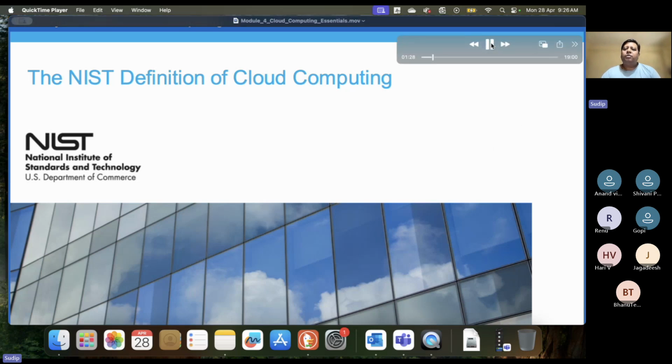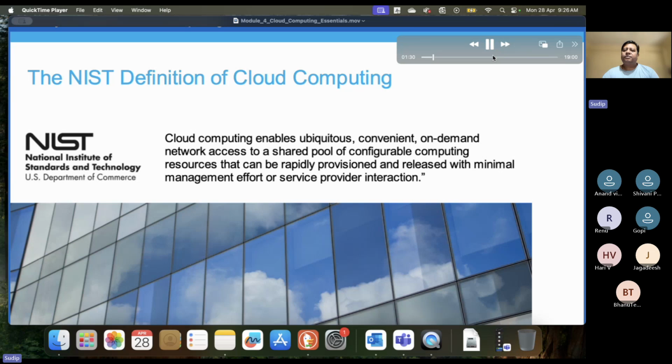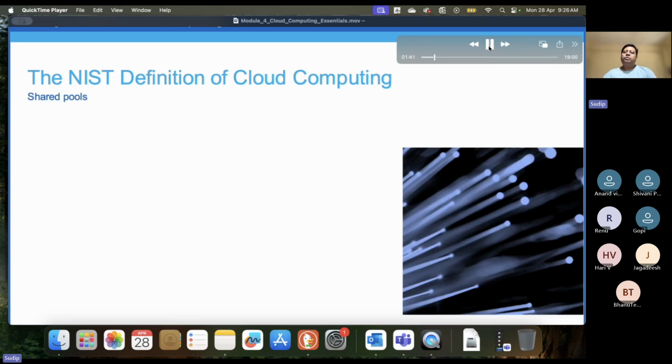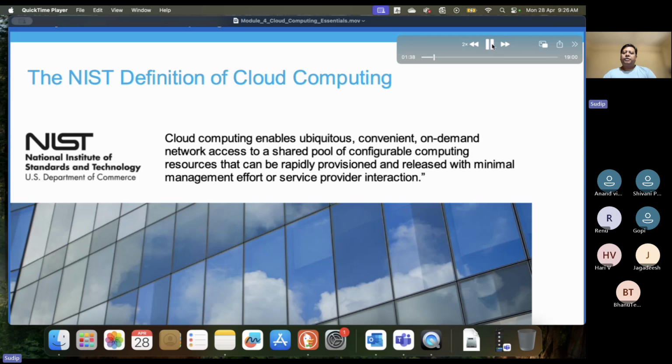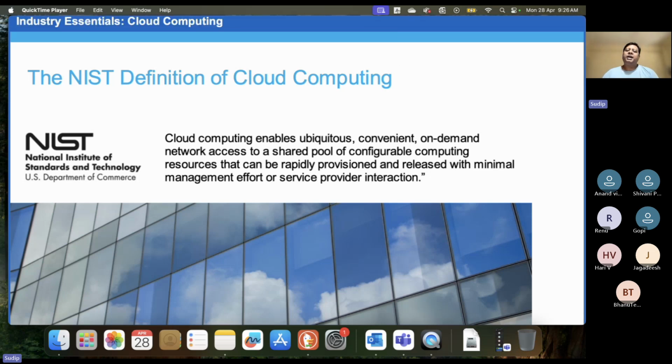Now, what is NIST's definition of cloud? It says that cloud computing enables ubiquitous, convenient, and on demand network access to a shared pool of configurable computing resources that can be rapidly provisioned and released with minimal management effort or service provider interaction.